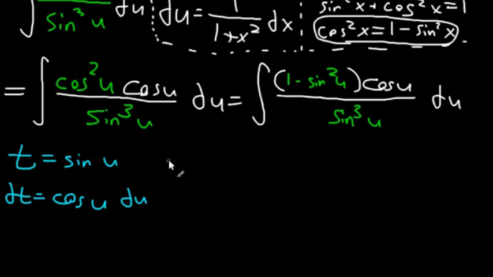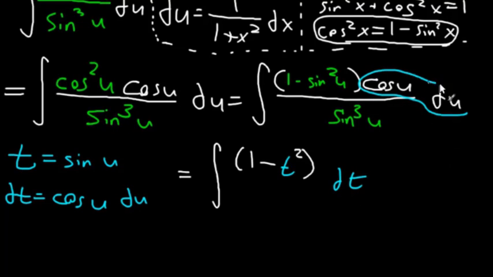And so then this will equal the integral of 1 minus sine squared, that's just the same as saying 1 minus t squared, and then the cosine u du is just dt. And so then this part is still divided by the sine cubed of u, and so that's just going to be equal to t cubed.